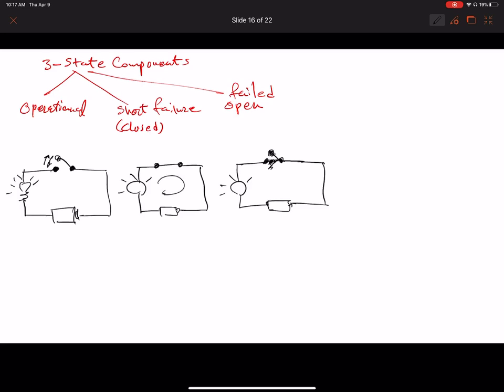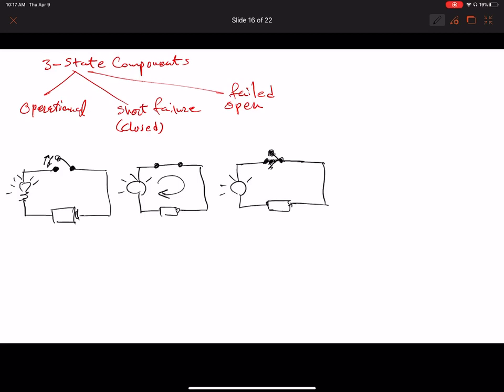We would call this a closed circuit. A closed circuit is one that lets the current flow, electricity go from the battery to the light bulb. Other examples are valves that let the water flow through the valve to other parts of the system.